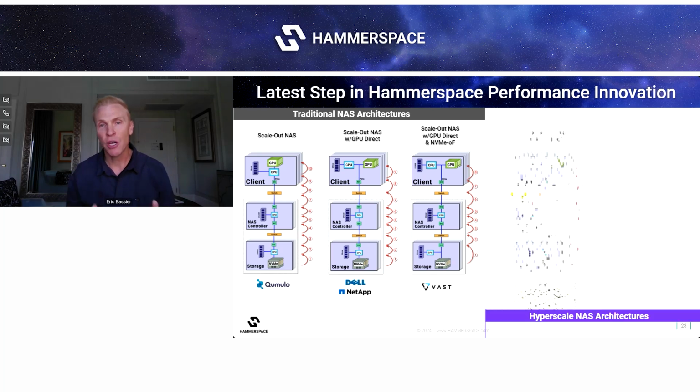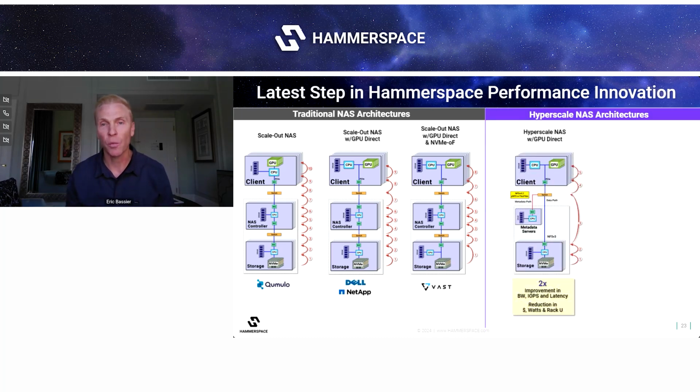Now, Hammerspace changed all that at the start of this year when we introduced our hyperscale NAS architecture. It's a standards-based parallel file system architecture. And as shown, by separating metadata out, we also establish a direct data path between the client and the external storage, in this case, the NVMe storage that's in the external storage server.